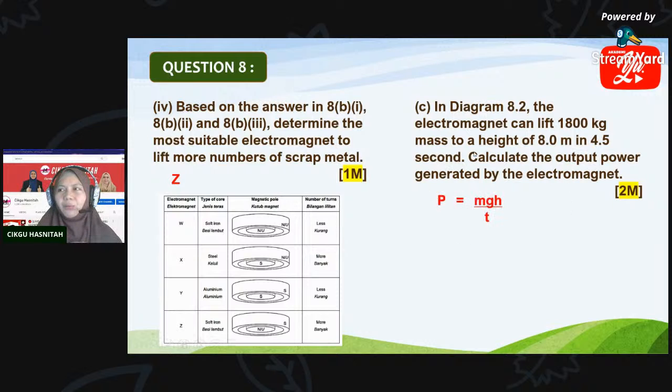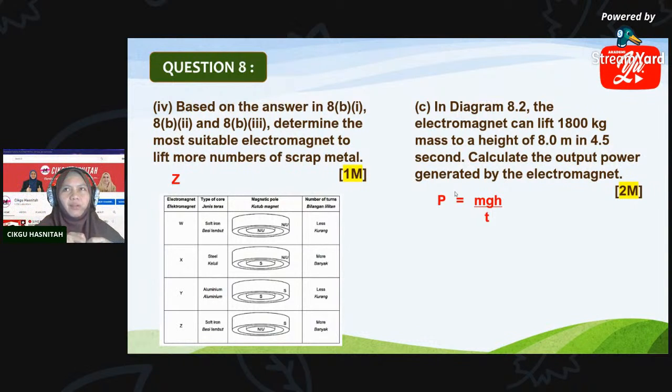Yes, power is, remember what power refers to? What is meant by power? Power means rate of work done. Okay, or rate of energy use. In this case, it involves gravitational potential energy. So mgh.